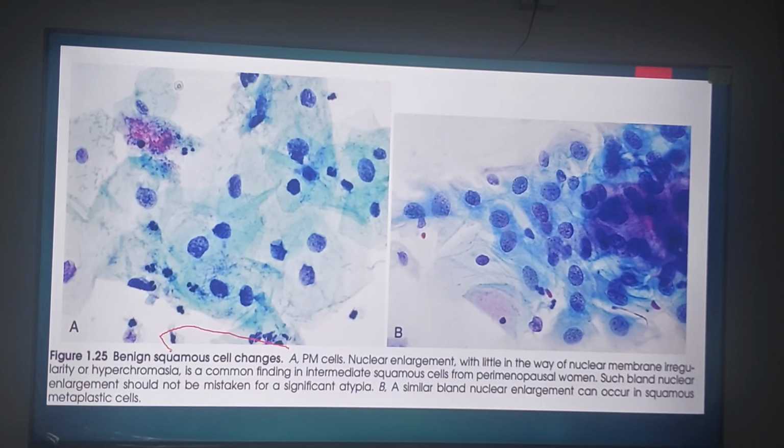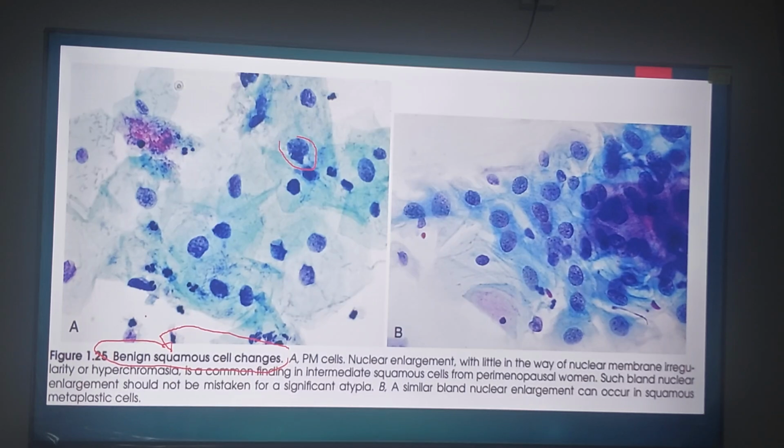Benign squamous cell changes show enlarged nuclei, coarse chromatin, and hyperchromasia with abundant cytoplasm.